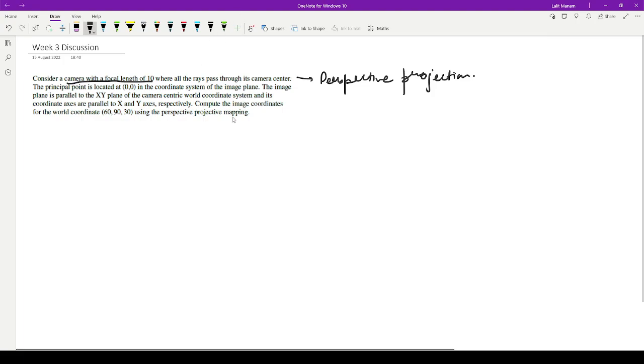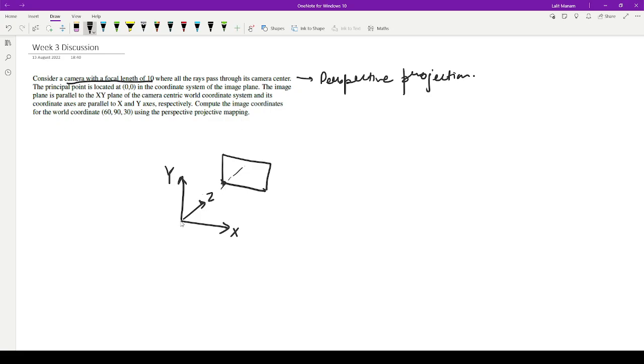So what does this mean? We have a world coordinate system like this, which has x, y and z directions, and then somewhere at the front we have our image plane. The principal point is located at (0, 0) in the coordinate system of the image plane.